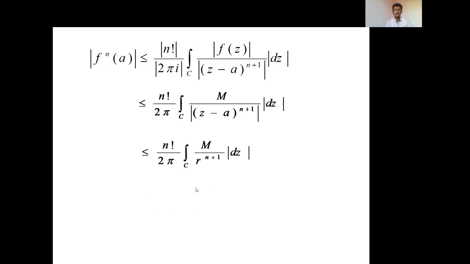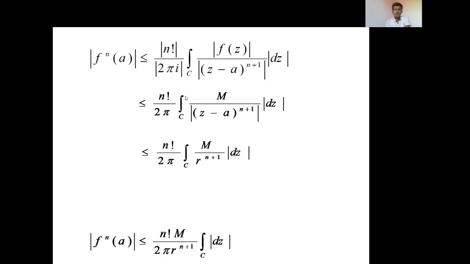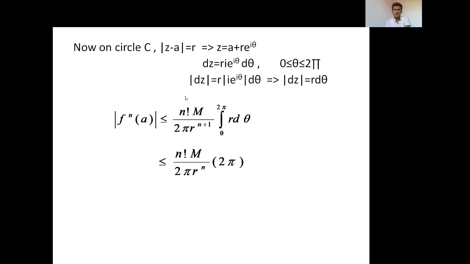This is nothing but the statement of Cauchy's inequality: if f of z is an analytic function inside and on any circle C with center z equal to a and radius r, then f power n of a is less than or equal to n factorial into M divided by r power n. This holds for all n belonging to natural numbers including 0.